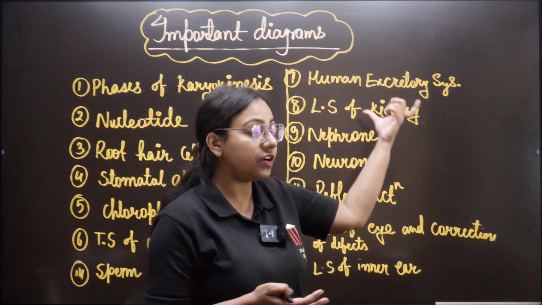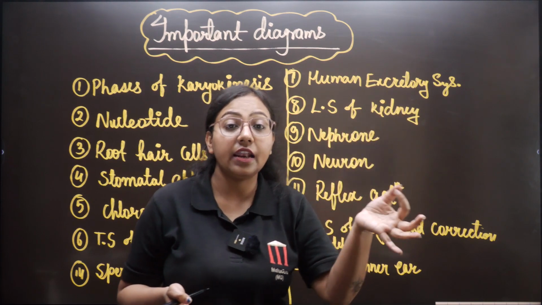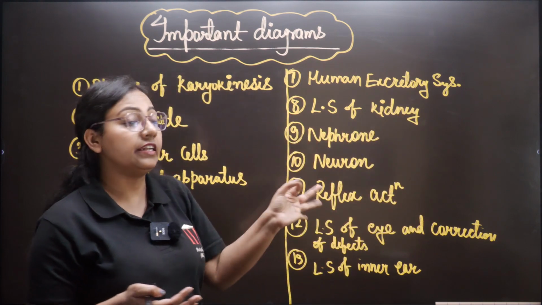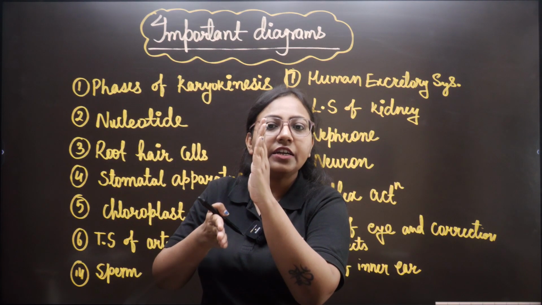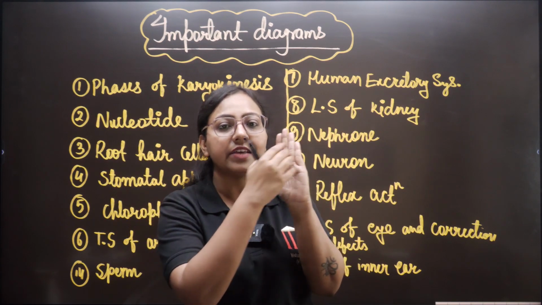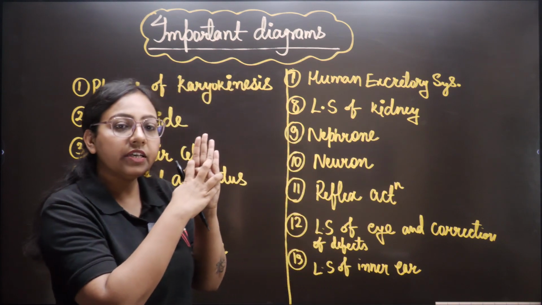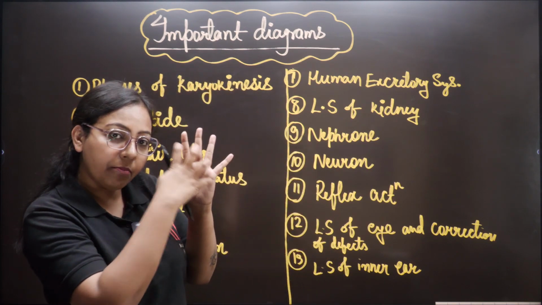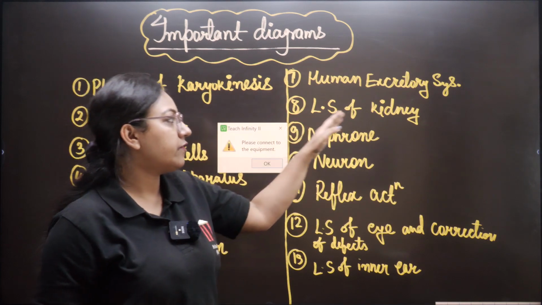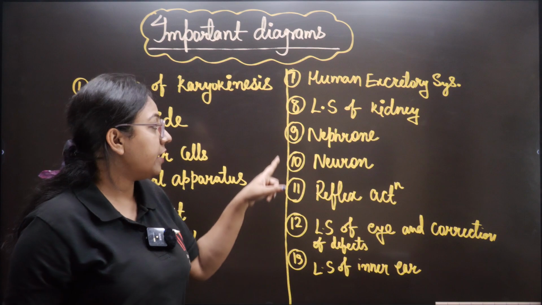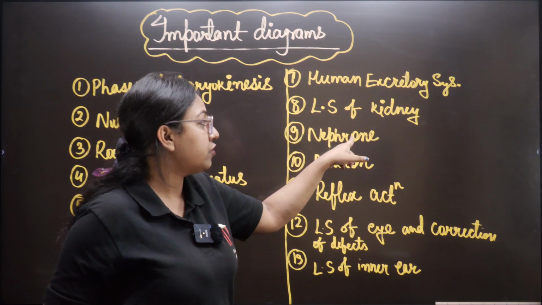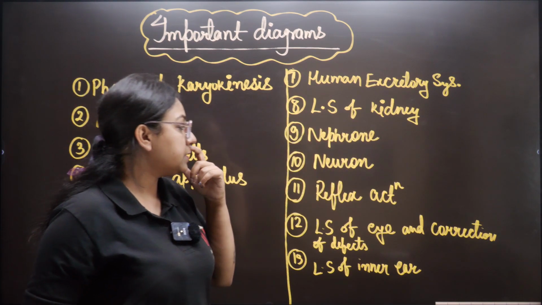These are two different things, because here we are going to see the longitudinal section of the kidney. If this is one kidney, we give a cut in between, and this left side part we are going to see from this side and draw how it looks from this point of view. Then the nephron, one of the very important parts, the key unit of the kidney, we are going to see that also.